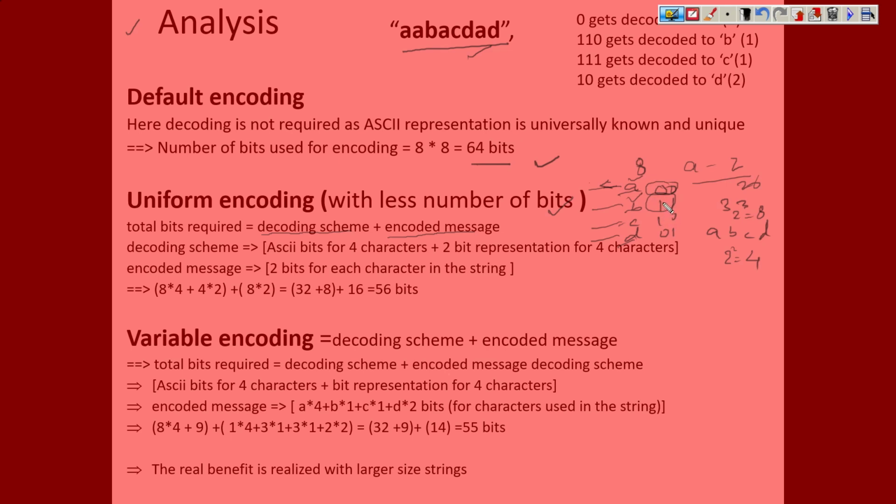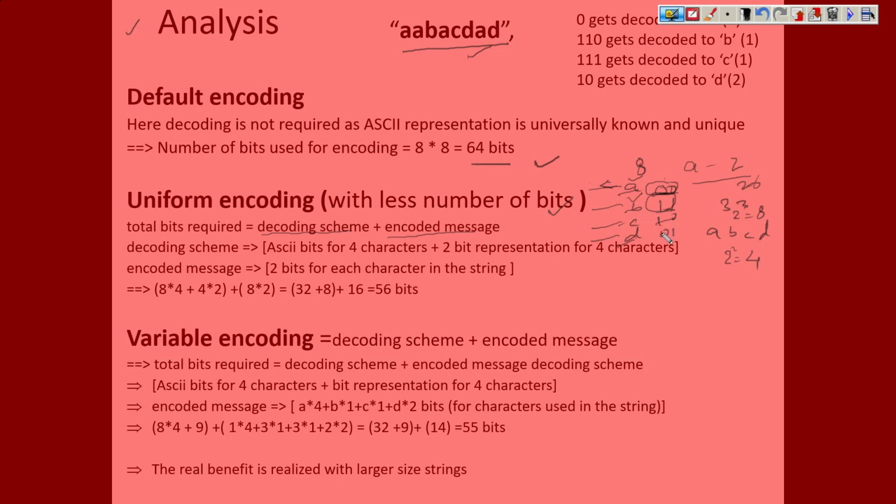So when 00110101 has been received, we have already informed the receiver that he has to read the incoming string in pairs of two. That means 00 represents a particular character, and then 11 represents a particular character, and 10 represents a particular character. So this is already identified and informed to the receiver.